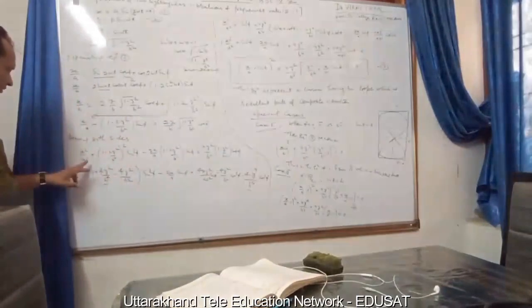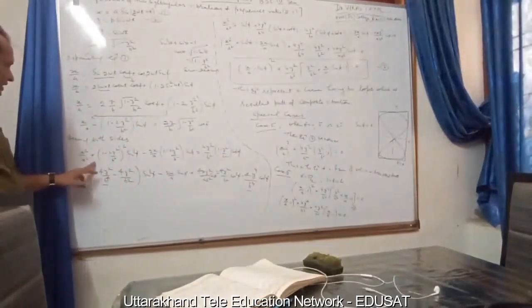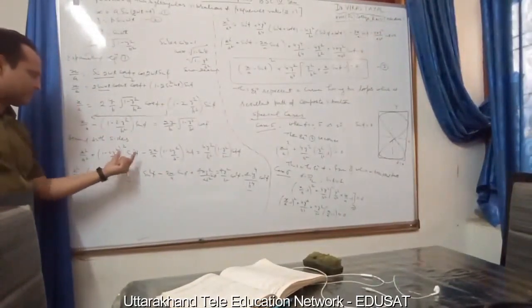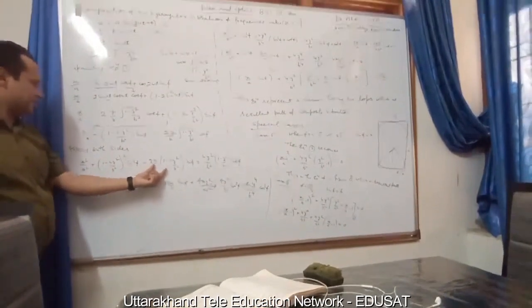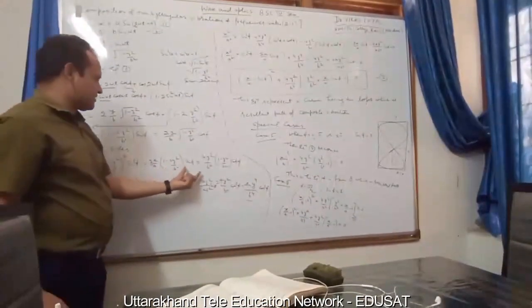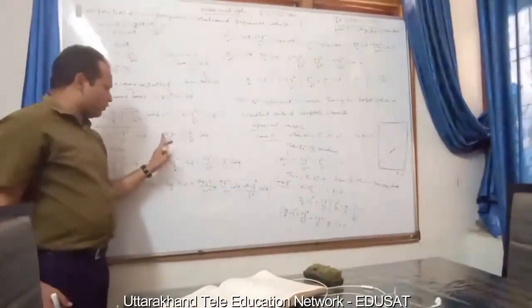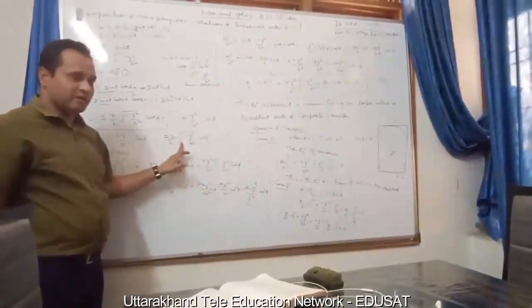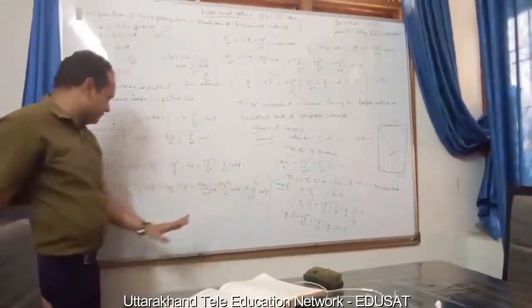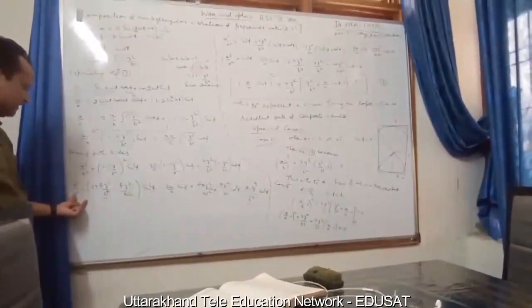Squaring both sides, x square upon a square plus the second factor squared minus twice x upon a times 1 minus 2y square upon b square sine phi is equal to, squaring also this side, it will become 4y square upon b square, the square root is cancelled, and cos square phi.